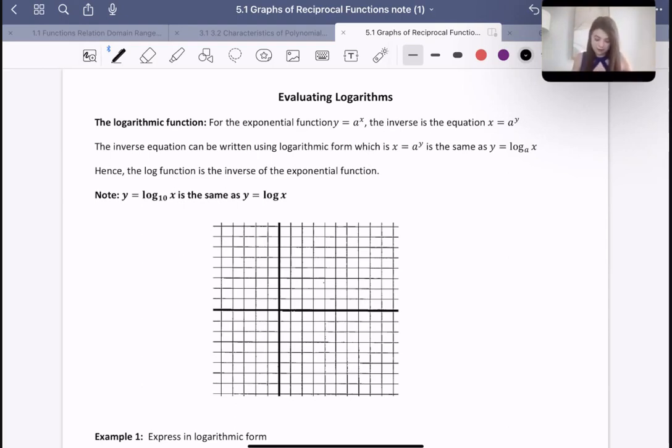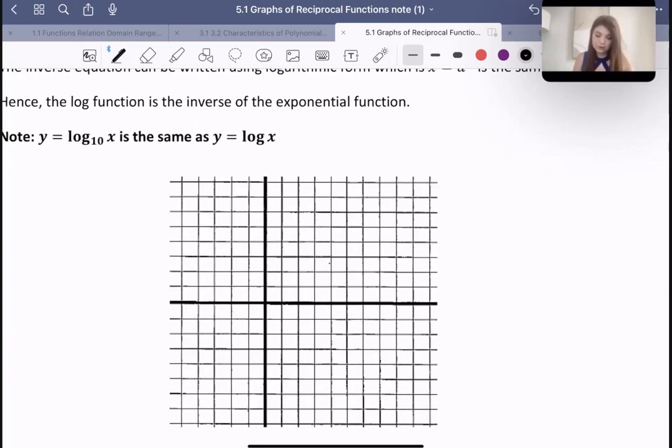So here we go. I'm going to draw both the regular exponential on my graph and then also the logarithmic form. If we have something like y equals 2 to the power of x, what does that look like? If x is 0, y is 1, then we have a half, a quarter, and so on. 2 to the power of 1 is equal to 2. 2 to the power of 2 is equal to 4.